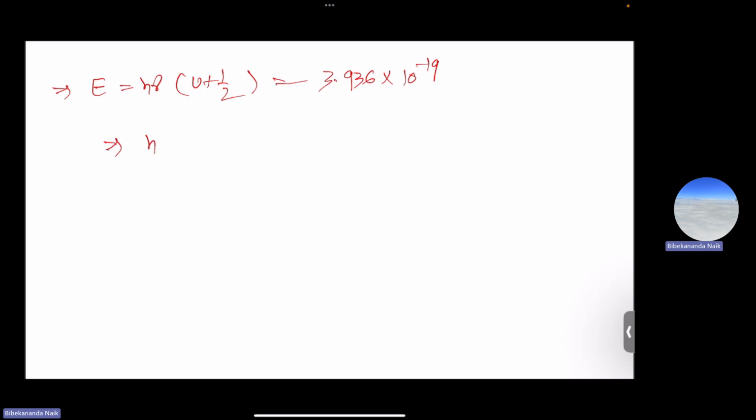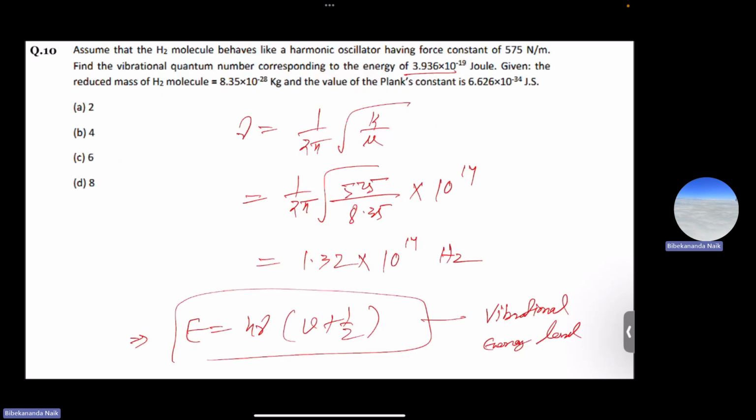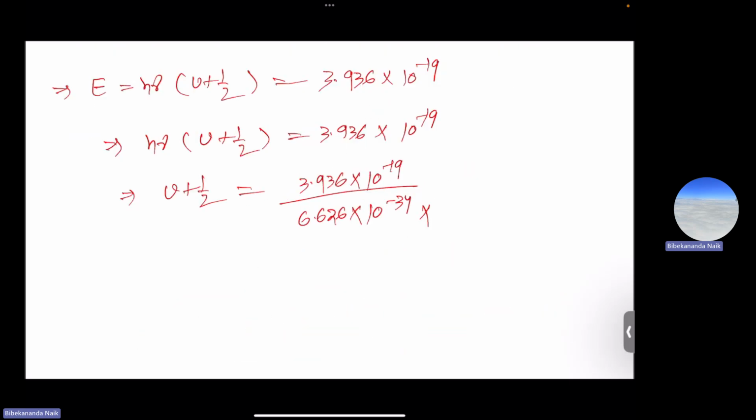So h nu into (v plus half) equals 3.936 into 10 to the power minus 19. So v plus half is equal to 3.936 into 10 to the power minus 19 divided by 6.626 into 10 to the power minus 34 into the frequency, which is 1.32 into 10 to the power 14.